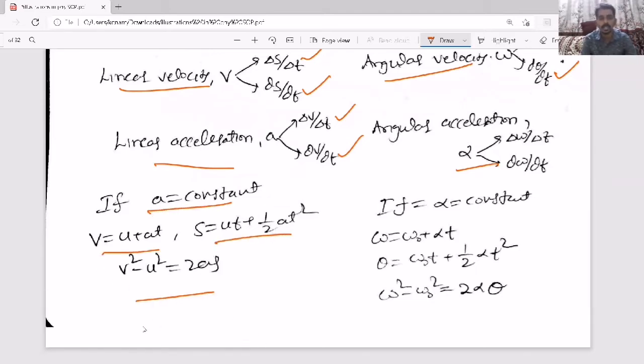And in kinematics, you have studied that when acceleration is constant, these are the three formulas we can apply between any two situations, where initial velocity is u, final velocity is v, displacement covered is s, time taken is t, and acceleration is a.